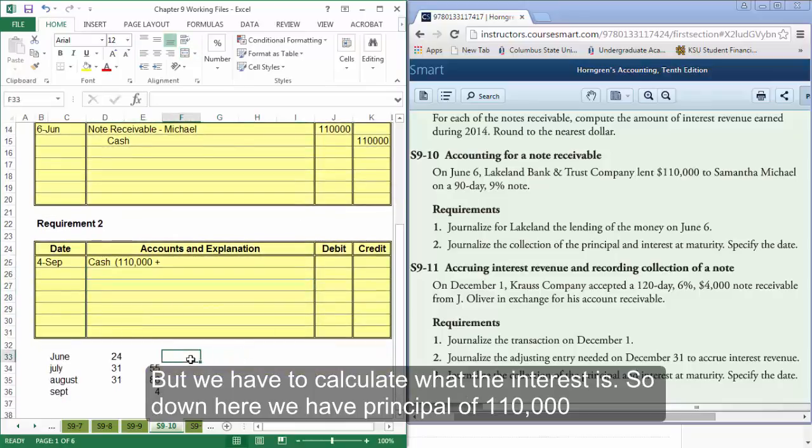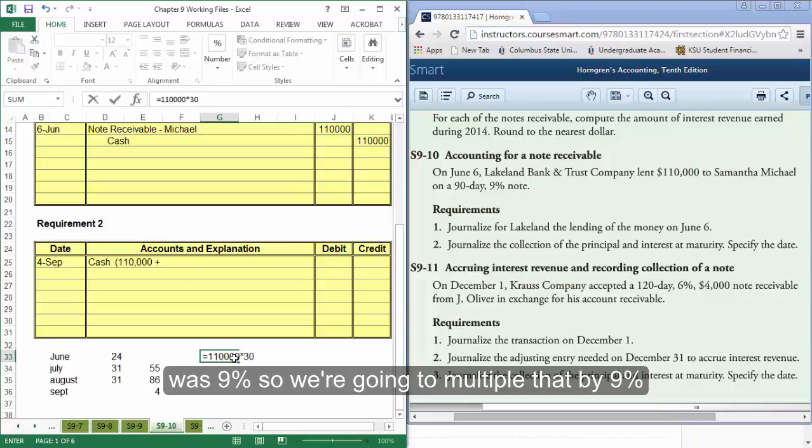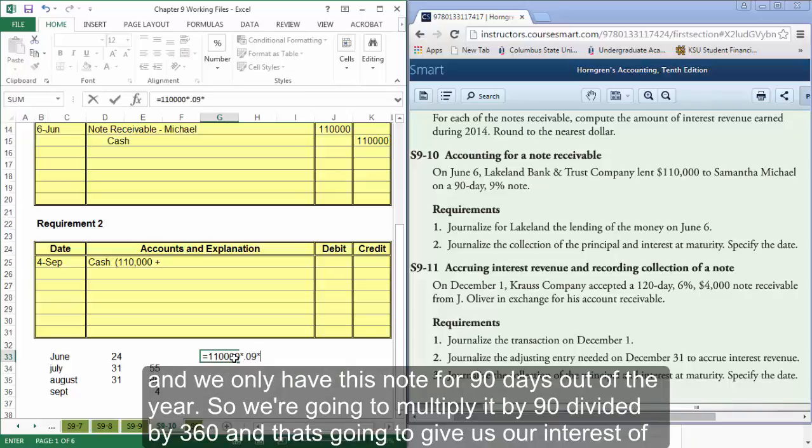So down here, we have a principal of $110,000, and our interest rate was 9%, so we're going to multiply that by 9%. And we only had this note for 90 days out of the year, so we're going to multiply it by 90 divided by 360.